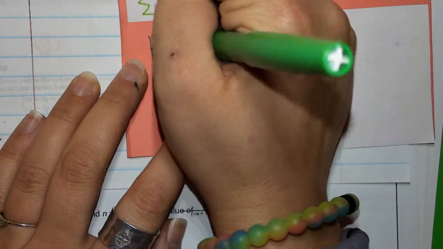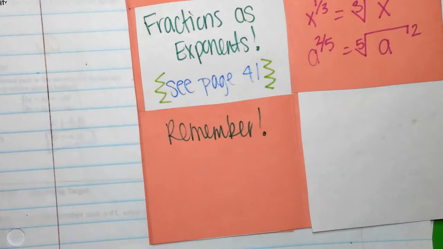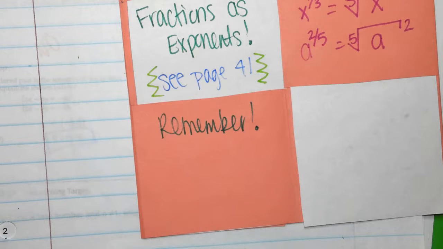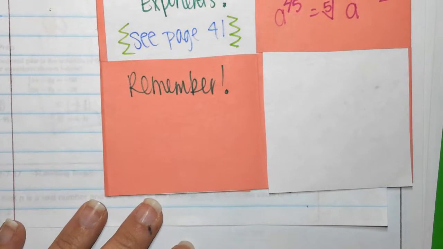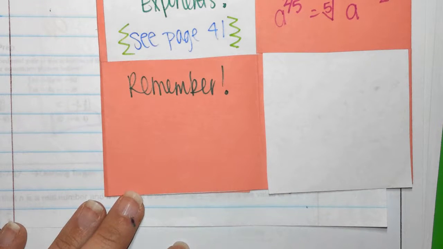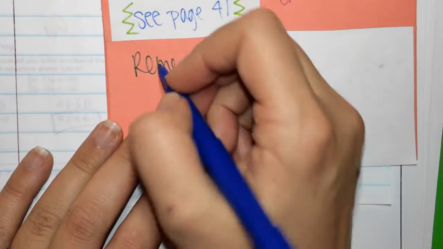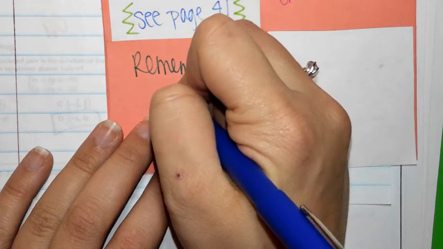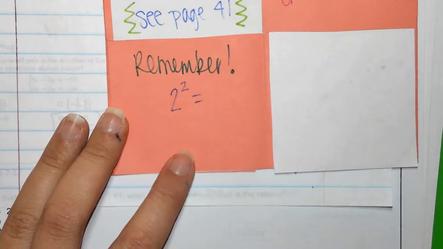All right, so last thing. Please write remember. If I said 2 squared, what is that going to equal? 4.